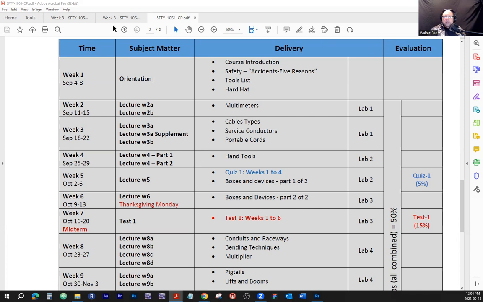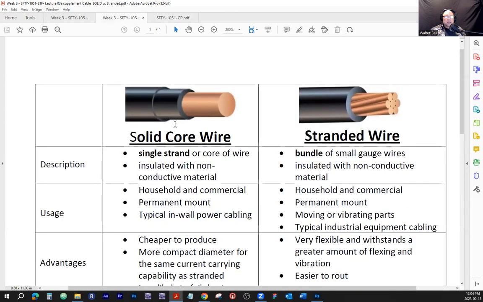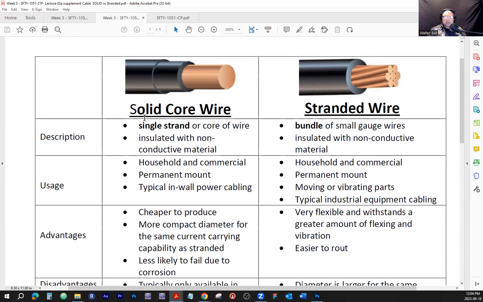All right, so today we're going to start with this right here. We'll be talking about cables. So first, let's just take a quick look at the differences between a solid core wire and a stranded wire. I put together a little PDF presentation.